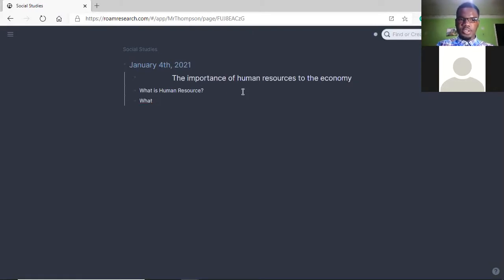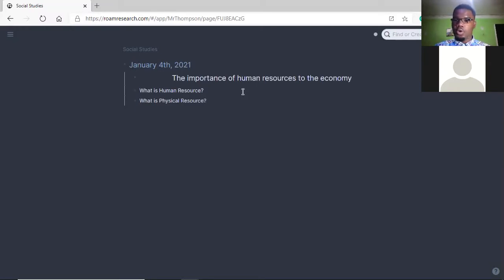Because in order to know what exactly we are going to talk about the importance of, we need to know that, hey, we're not talking about the physical right now. So let's put it into perspective. The physical resources are the things you just stated, things that man has interacted with to make something. So if I have land, right, that's a physical resource.